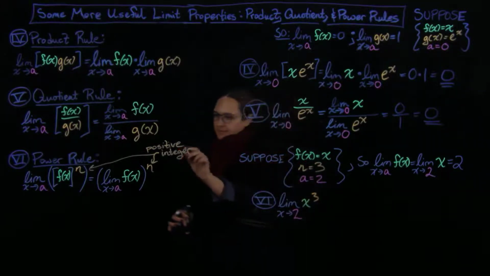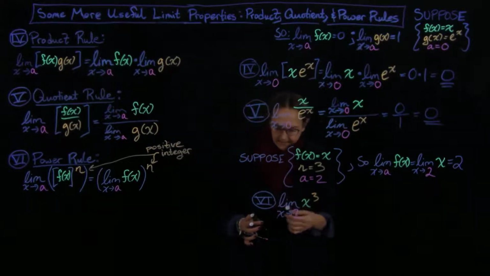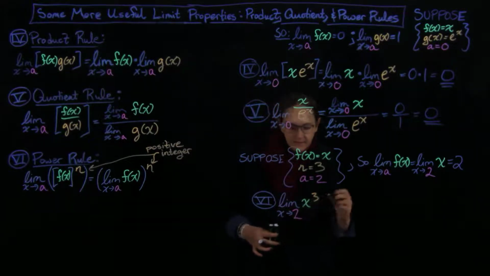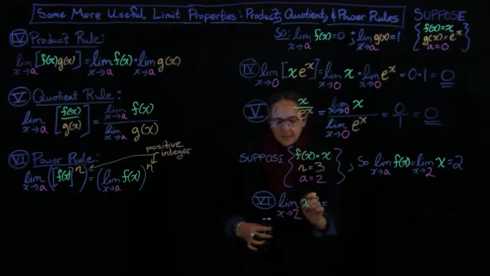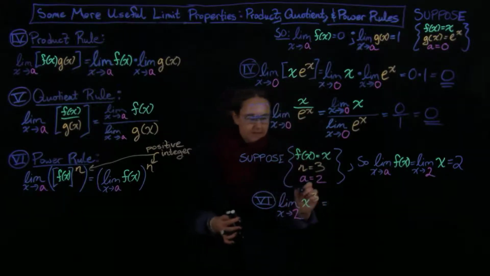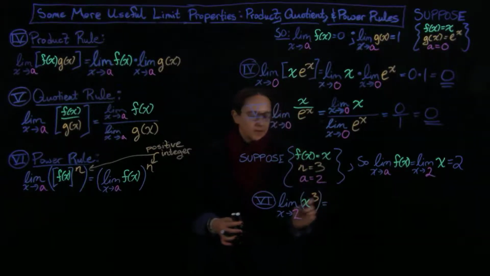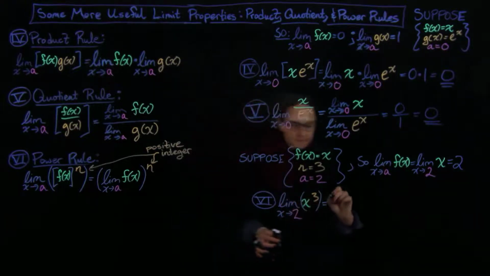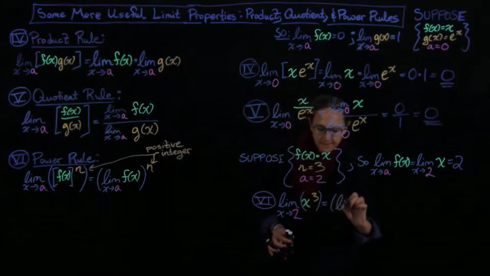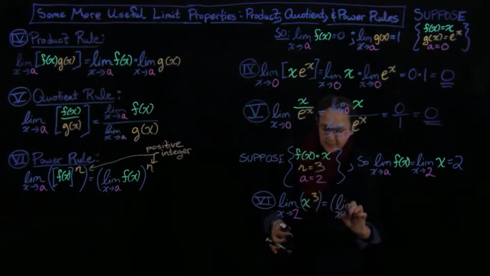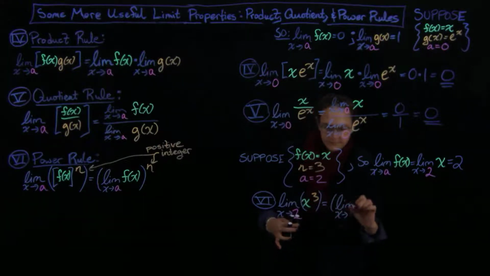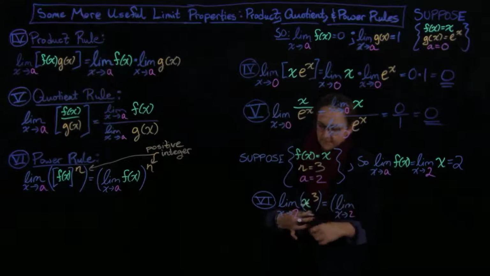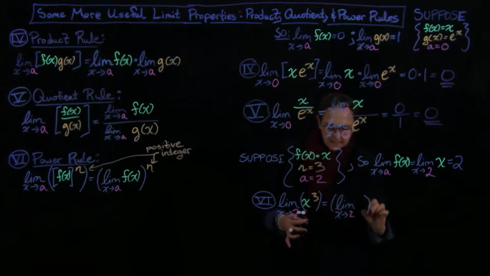And that's a positive integer, so that's an okay example to use. Right now I'm taking the limit of x cubed, but I could just take the limit as x approaches 2 of x and then cube it. So let's go ahead and do that.